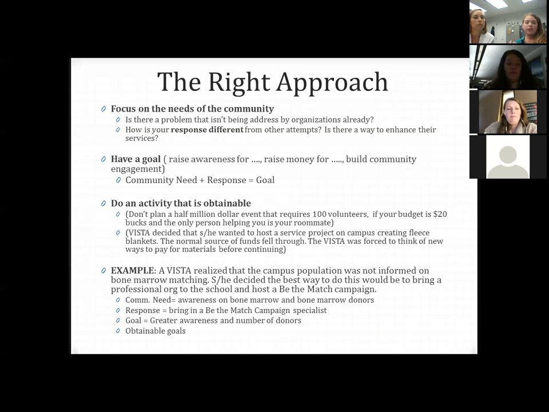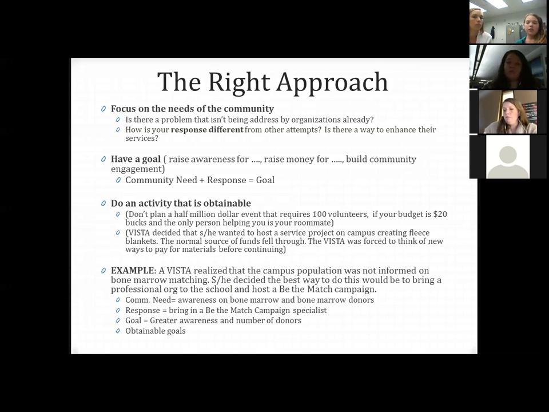This organization was very well informed on bone marrow transplant and had a lot of resources, so it was something to connect into. So the community need was the awareness for bone marrow matching, and then just the number of donors. The response was bringing that campaign specialist to the campus. The goal then was met by making greater awareness and a higher number of donors in that community.